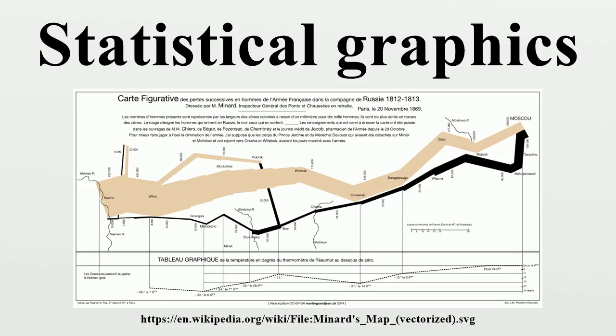Examples. Famous graphics were designed by William Playfair, who produced what could be called the first line, bar, pie, and area charts. For example, in 1786 he published the well-known diagram that depicts the evolution of England's imports and exports. Florence Nightingale, who used statistical graphics to persuade the British government to improve army hygiene.